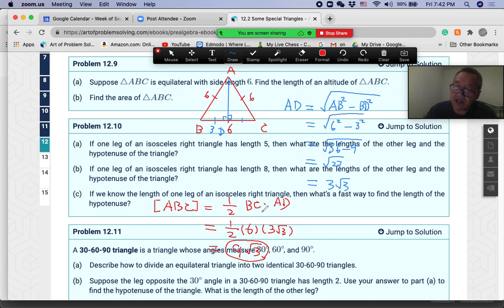Now let's extend this problem a little bit further. Suppose we did not give you this specific number. Suppose we give you the length as A. Each side is A. Then what is the altitude of an equilateral triangle with side length A?